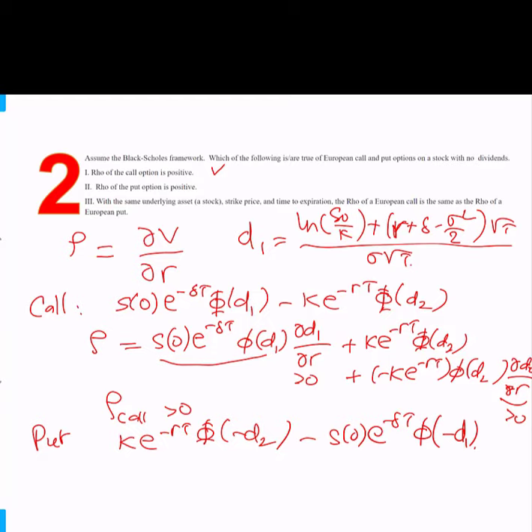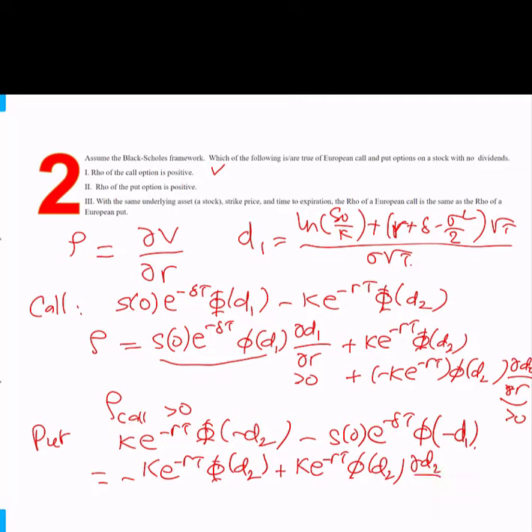And when you differentiate with respect to r, when you have it, this is minus K e to the minus rt phi d2 plus K e to the minus rt little phi d2.